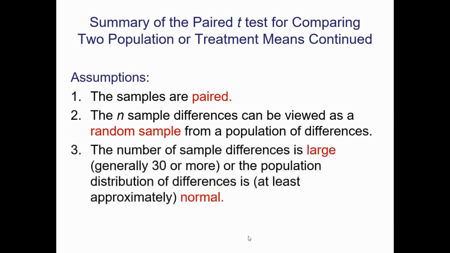And then the third is that the number of sample differences is large, generally 30 or more, like we've always said, or the population distribution of differences is at least approximately normal.